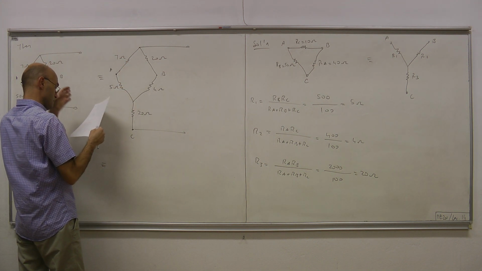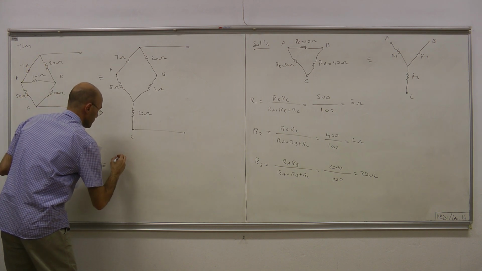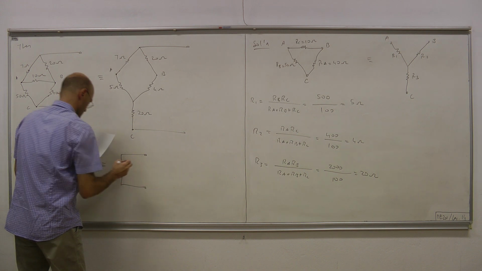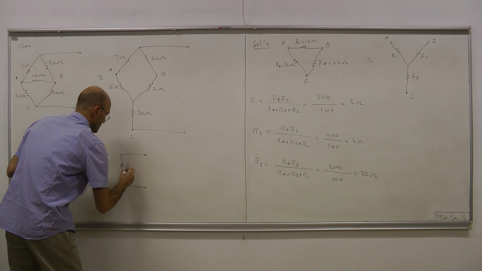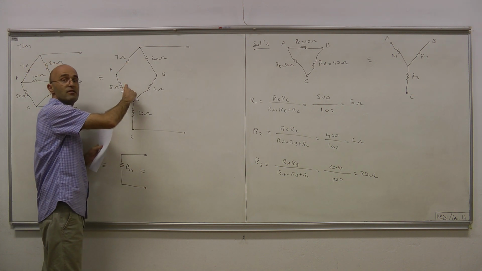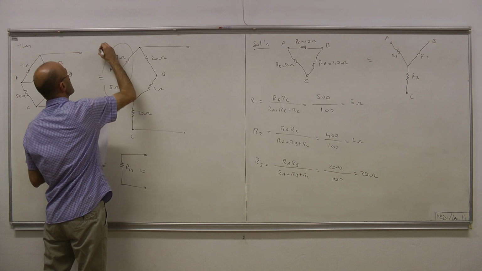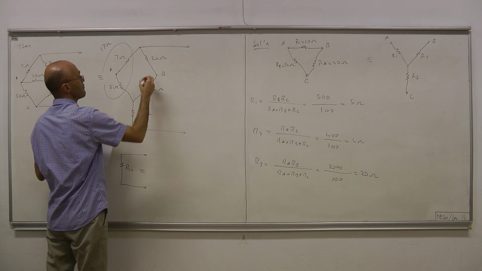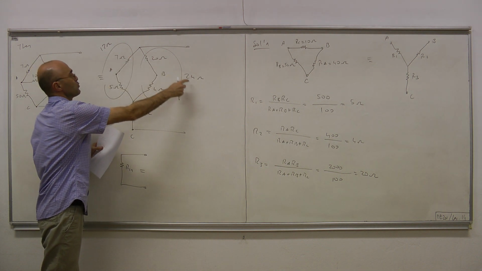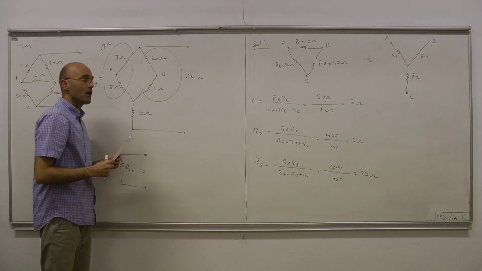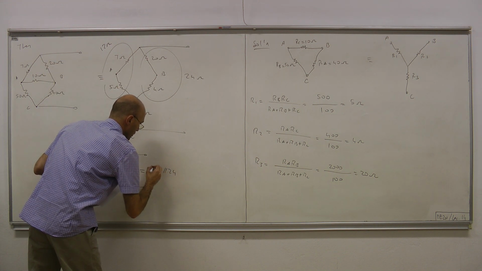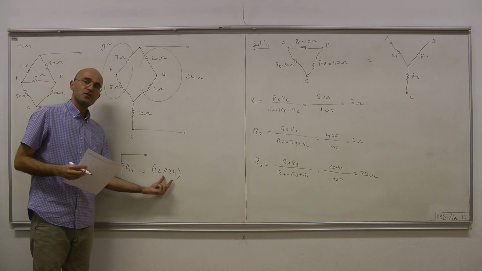This is Rin, and Rin equals what? So we have 7 and 5, 12. This is 12 ohms. 20 and 4, this is 24 ohms. This 12 ohms and 24 ohms are connected in parallel. 12 parallel 24 gives us 8 ohms.